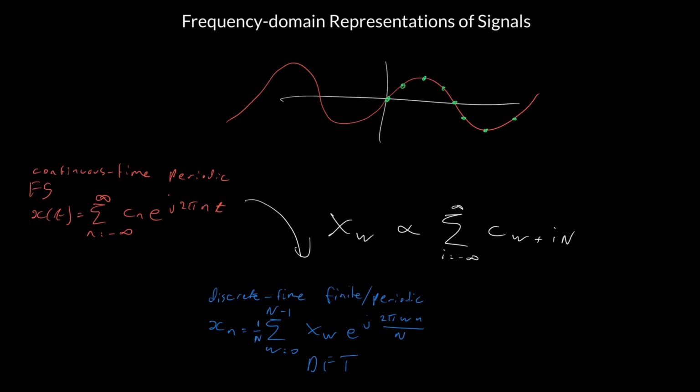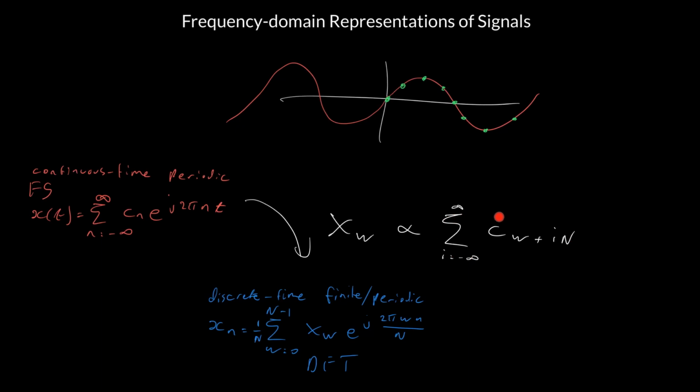if x of t is band limited, we simply have that x of w is equal to c of w. There's a one-to-one correspondence here, whereas if this is not band limited, then the higher order frequencies whose coefficients are given by c of n, where n is larger than big N or smaller than 0, get aliased down to some frequency between 0 and big N minus 1. Precisely, we get this same periodic structure.